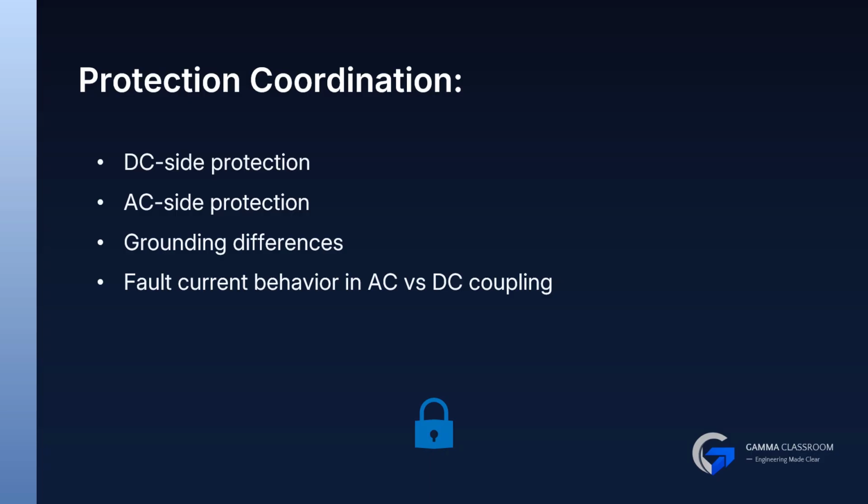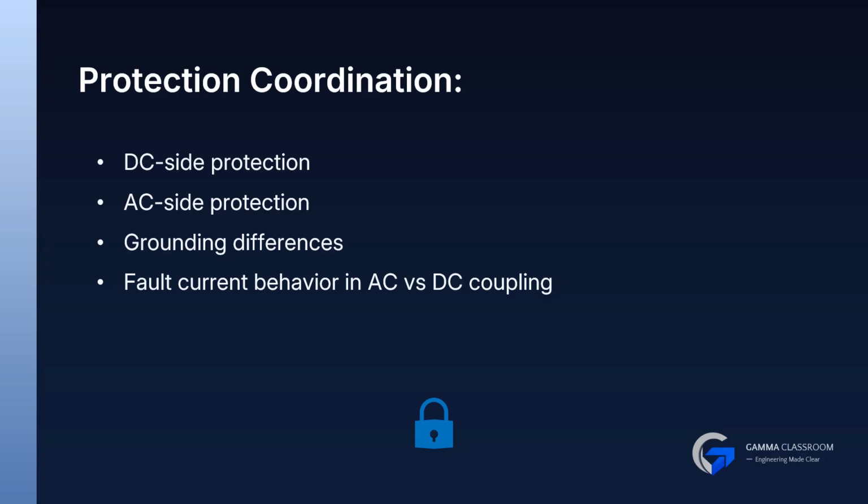Protection coordination ensures that faults are detected, isolated, and cleared safely. Inverter-based resources contribute limited fault current, so traditional protection schemes must be adapted. Engineers must coordinate DC side fuses, AC breakers, ground fault protection, and PCS protection logic.